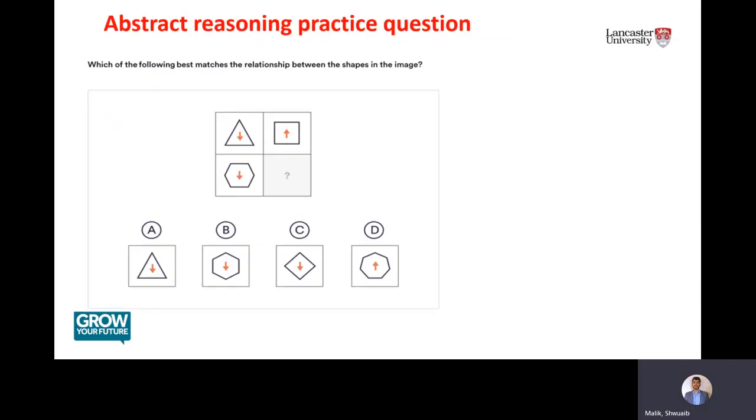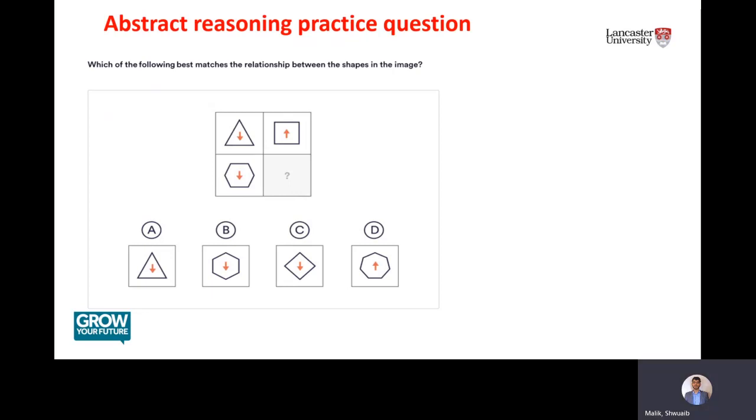This is an abstract reasoning question. As you will have noticed, abstract reasoning, diagrammatic reasoning, and inductive reasoning tend not to differ too much. They are all types of logical reasoning practice questions, and they won't really differ too much in their difficulty either.